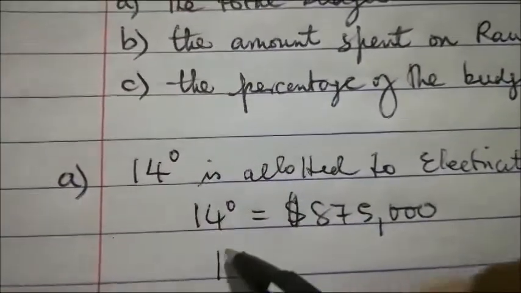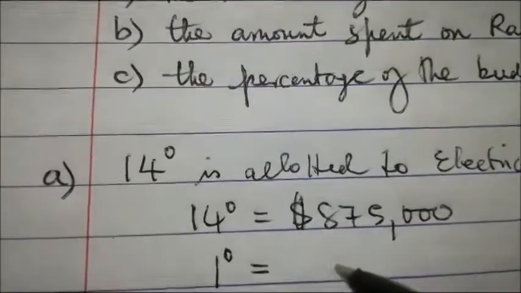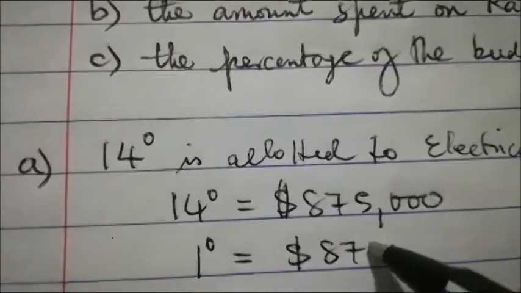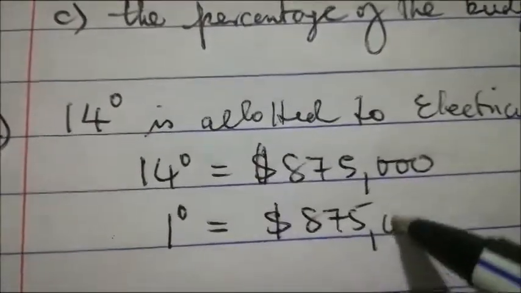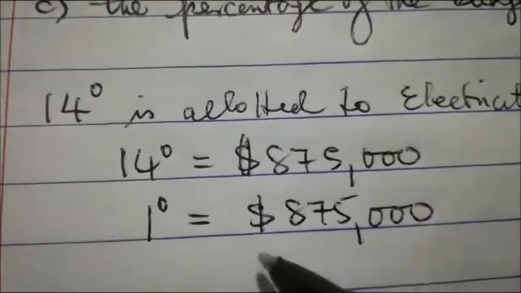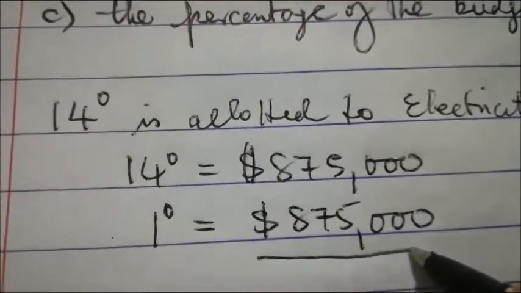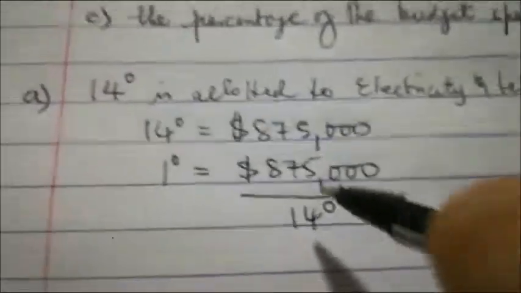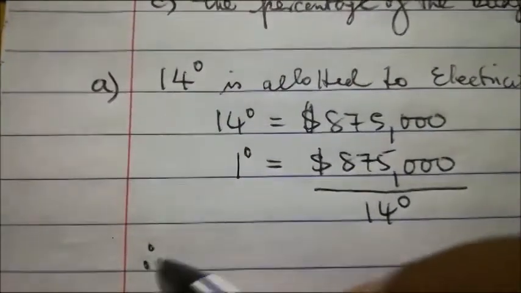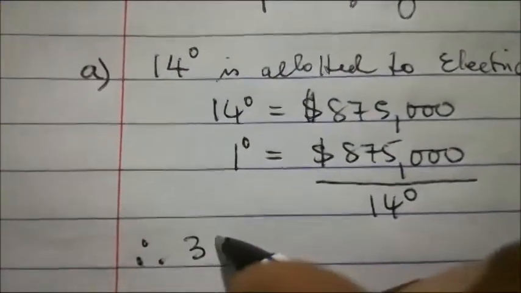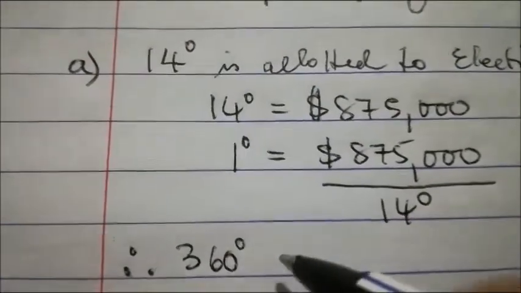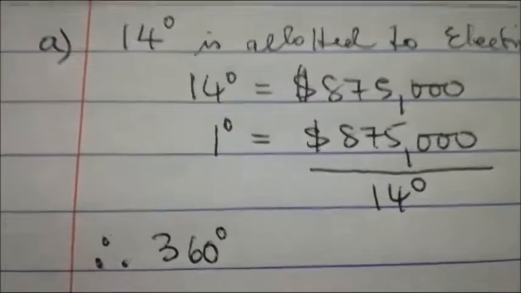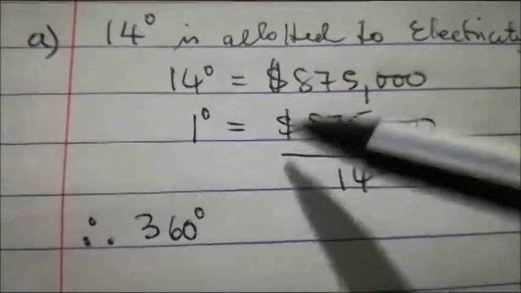and 1 degree, we're going to use a unitary measure. 1 degree will be equal to 875,000 divided by 14 degrees. It's a ratio. Therefore, 360 degrees, which represents the entire circle, right?